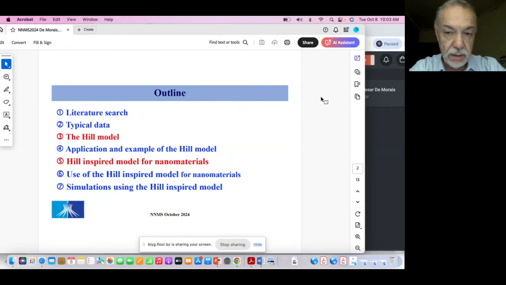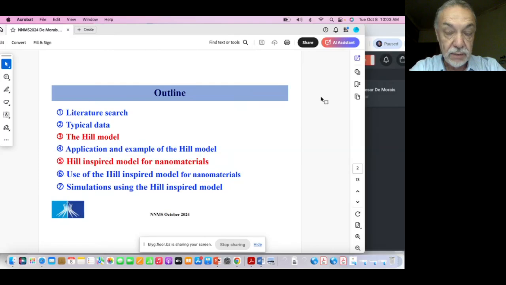And then, one of the two important topics of my talk, I will talk about the Hue model. And next, how can you apply the Hue model to describe and understand most of the in vitro assays?